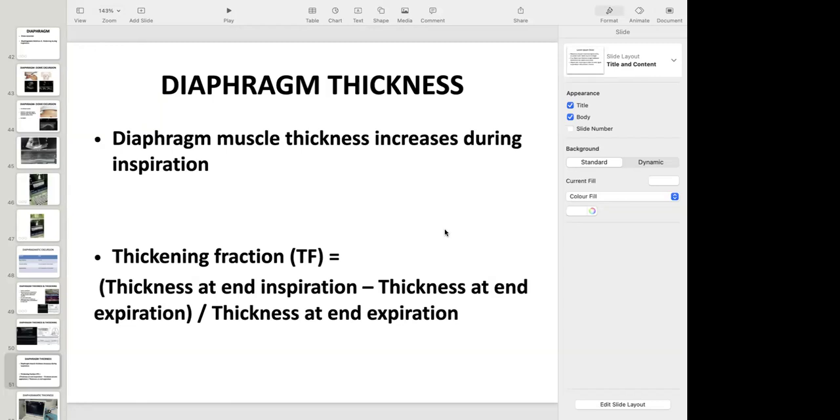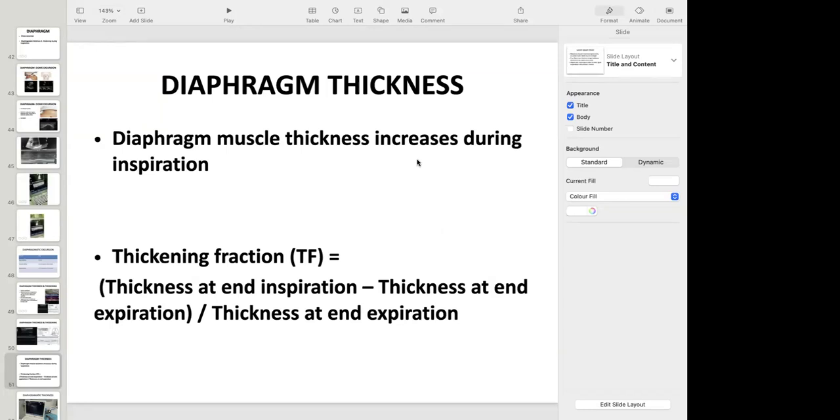The combination of less excursion and less thickening suggests a weak and potentially chronic process, particularly if it's bilateral. So trying to differentiate somebody who has an acute reason for dyspnea in the hospital versus somebody who's just chronically weak can sometimes be helpful.